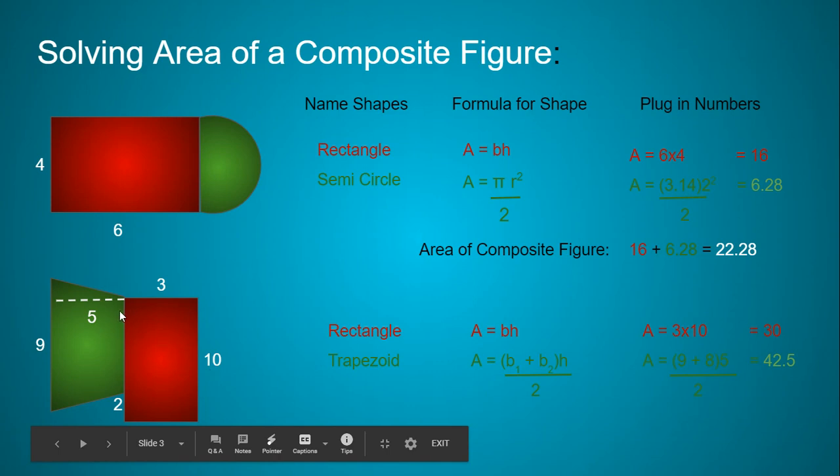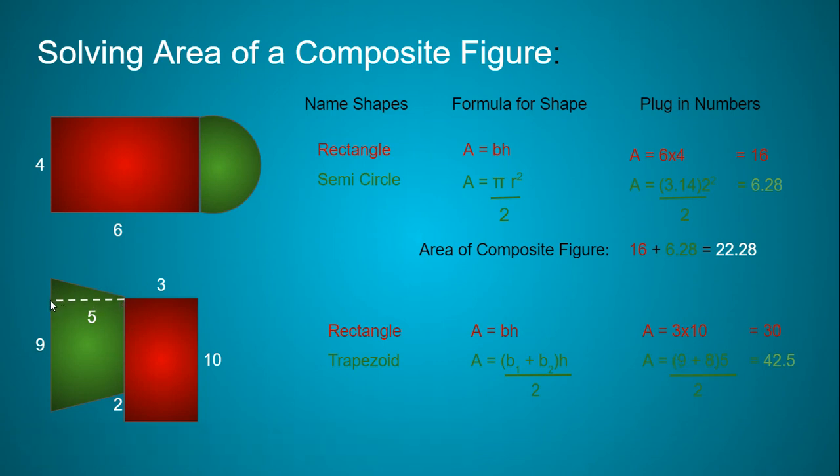For the trapezoid, it gets a little trickier. We know that this side length of the trapezoid is 9, but we don't know what this side length is. To figure this side length out, we have to take the side length of the rectangle, 10, and this small piece, and subtract to give us this side length, which would be 8. So then we add 9 plus 8, and then multiply by the height here of 5.